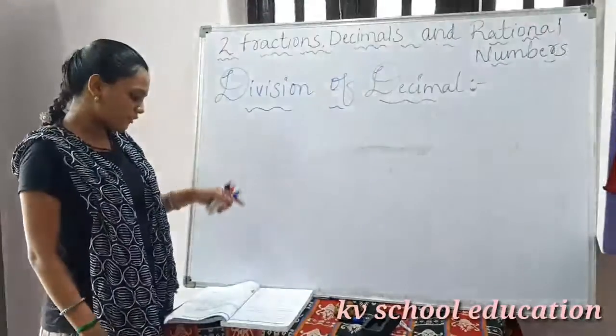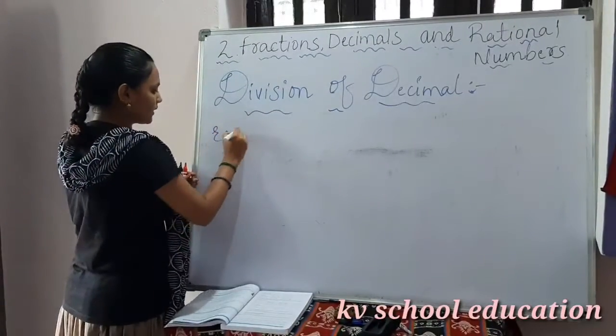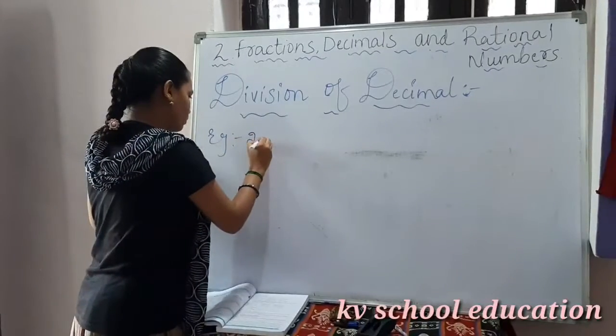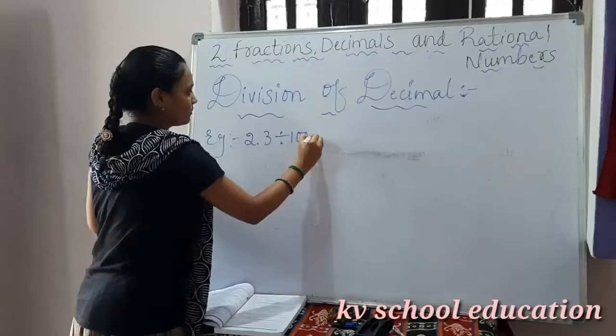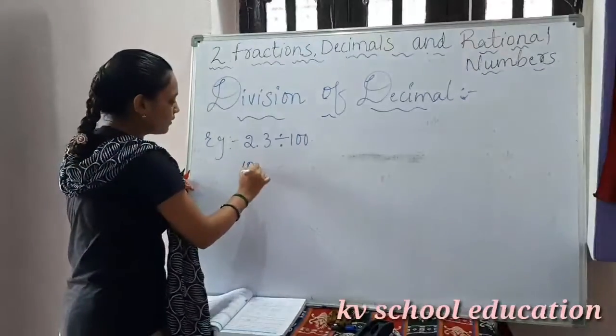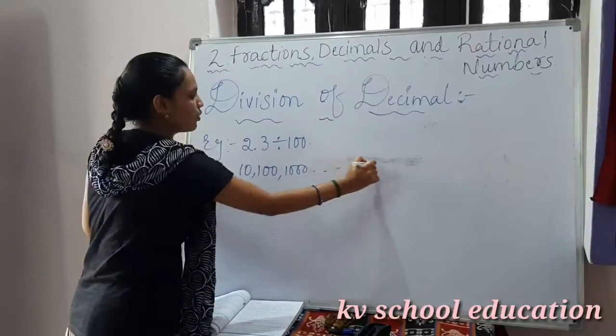So now division of a decimal. We will take an example which is given in the textbook, that is 2.3 divided by 100. I will tell you one trick which follows only for 10, 100, 1000 and so on.